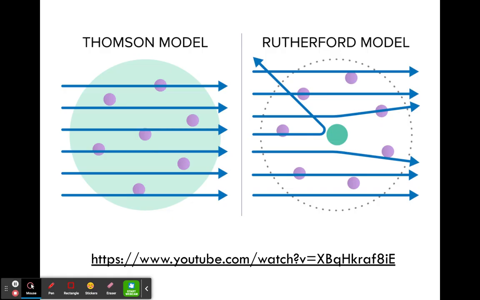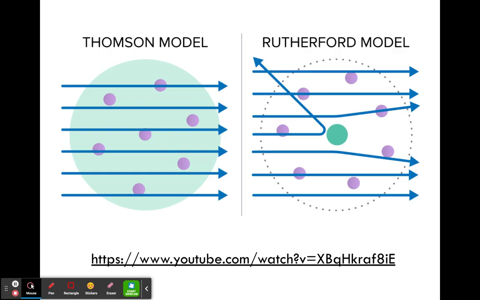But because you get these very large deflections from the alpha particles as they go through the gold foil, this indicated that there must be some very large, dense part of the atom.